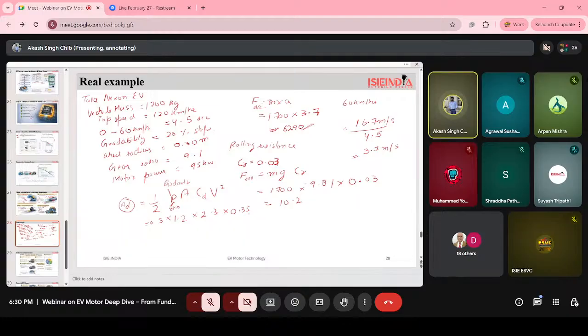Last one is the velocity. We have calculated the velocity as 16.7 meter per second. Can anyone calculate the aerodynamic drag? How much aerodynamic drag are we getting? Please, anyone?